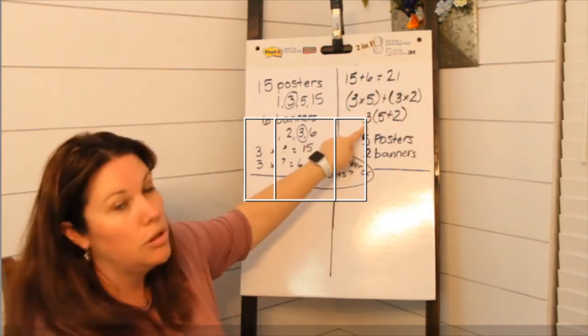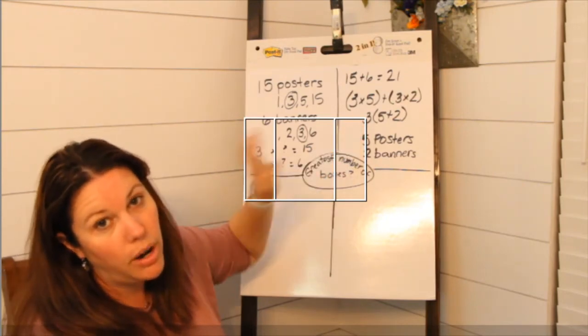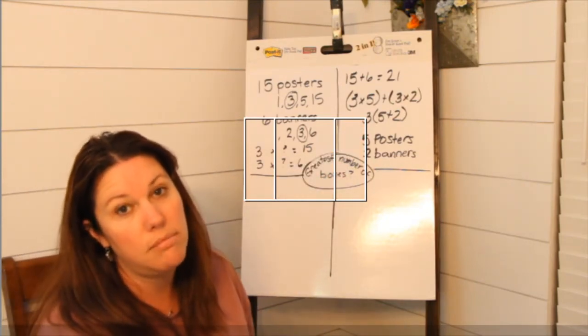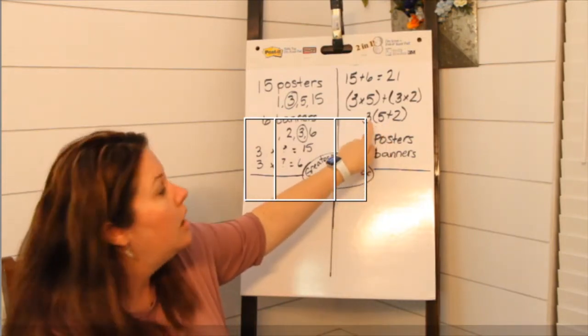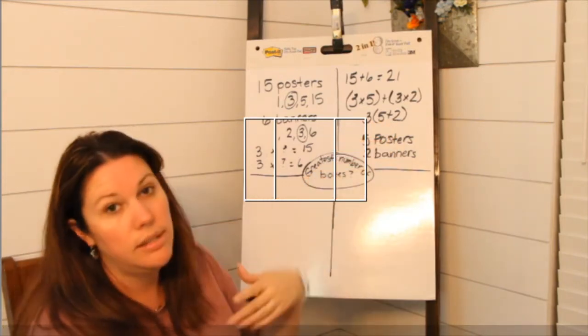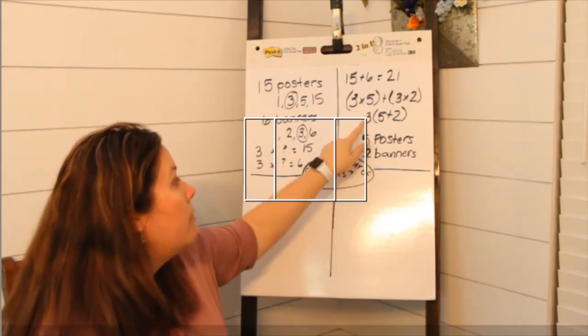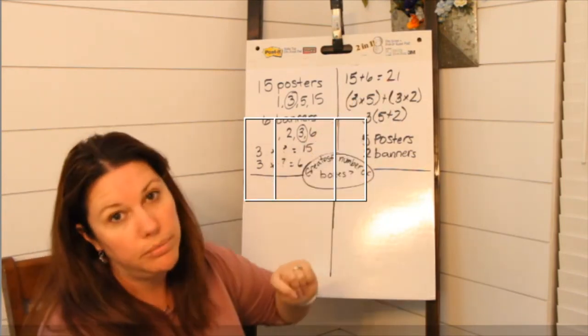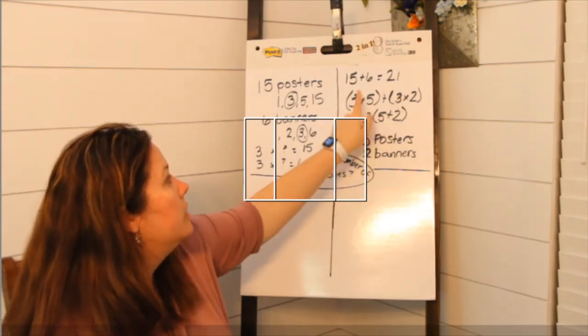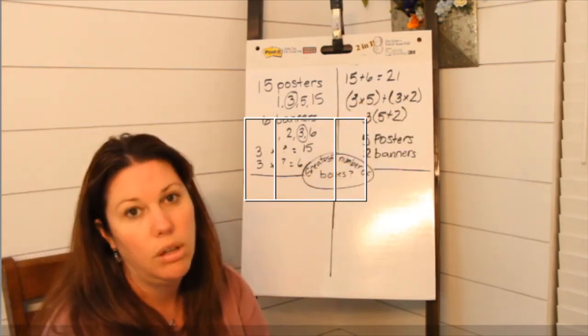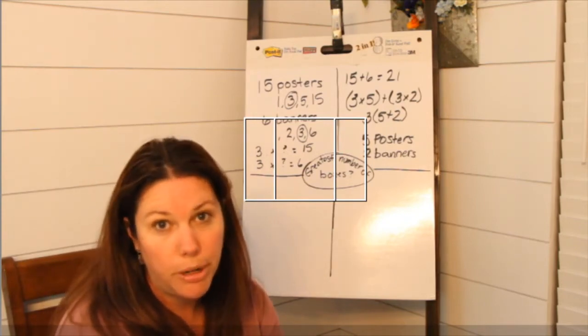Now I'm going to distribute my 3 here, because whenever I have the 3 on the outside of the parentheses, it means that I'm going to multiply it by whatever I have on the inside. And 5 plus 2 is 7, and we're going to multiply that by 3, and we still get 21. So what we've done is we've distributed our 3 amongst both the 5 and the 2. And that's why it's called the distributive property.